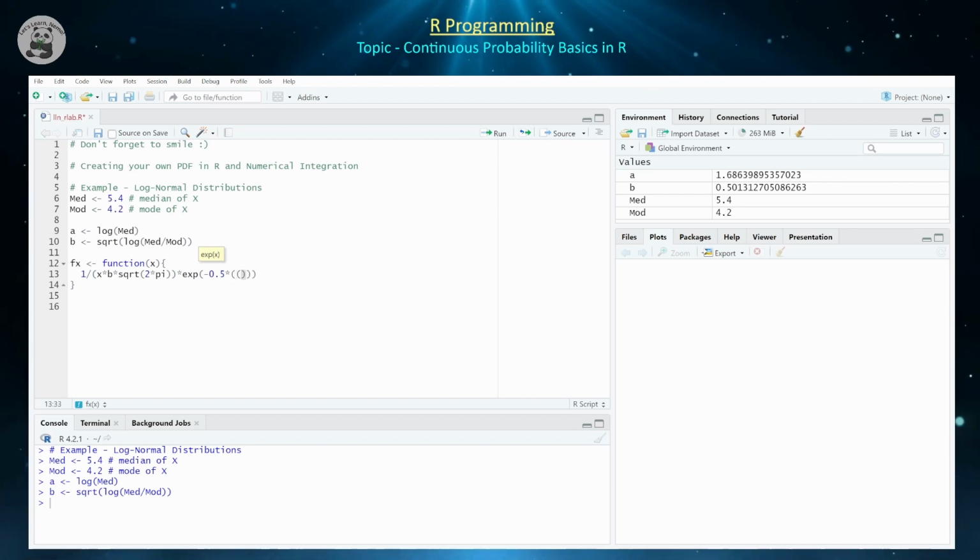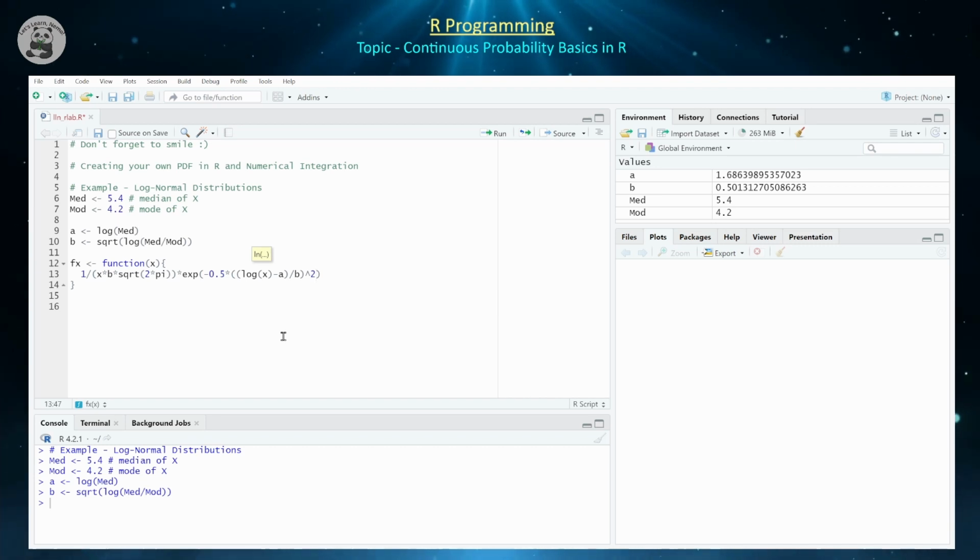The thing that we're going to do first is natural log, or log of x, that's defined to be equal to the natural log by default, minus the mean, which is going to be equal to a, all divided by that constant b, and then we're going to be squaring that term, right? So the natural log of x minus a over b, the quantity squared.